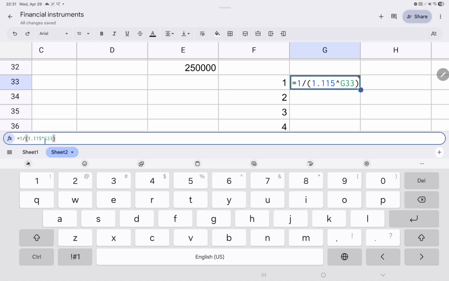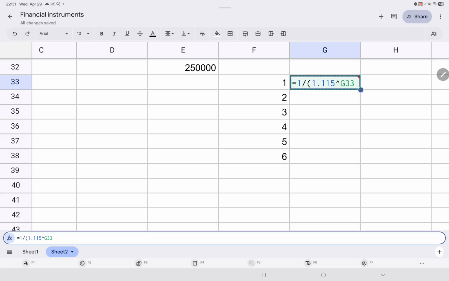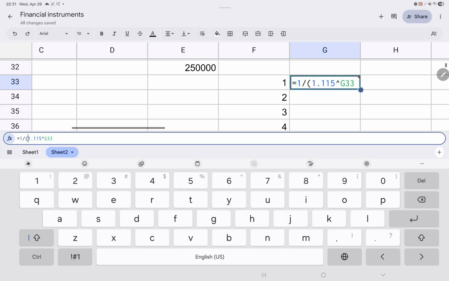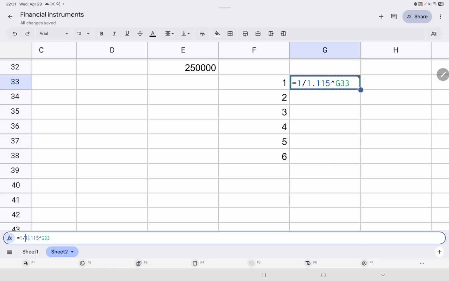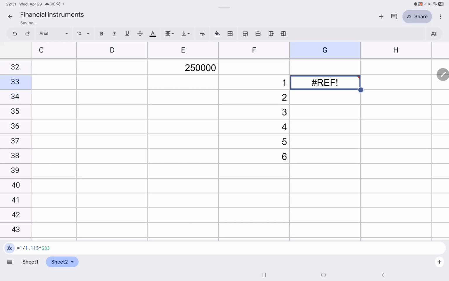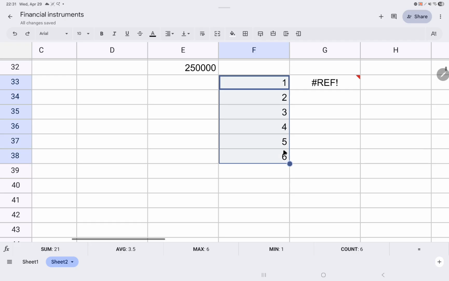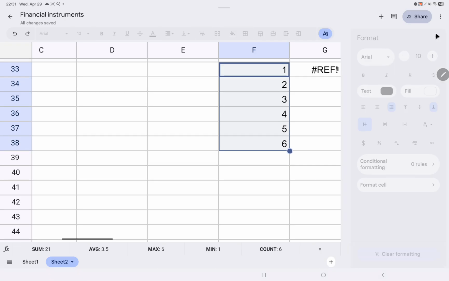Why am I getting a reference error? Let me delete that one and enter. I'm still getting a ref cell. Maybe it is thinking this is not a number, that it is text.